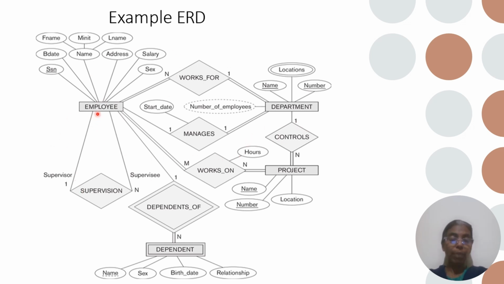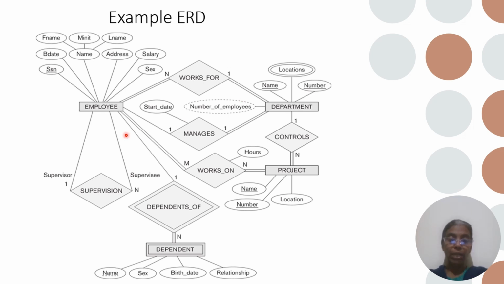Here, Employee is a strong entity because it is represented as a single rectangle. Then we have Department as a strong entity, and Project as a strong entity. So these are the strong entities present in this ER diagram.